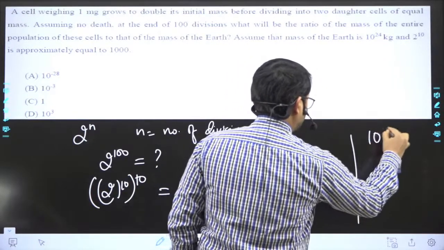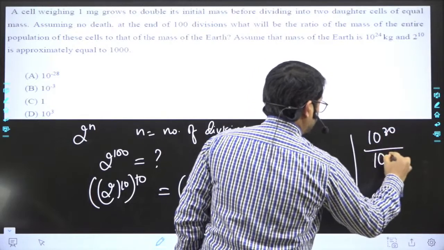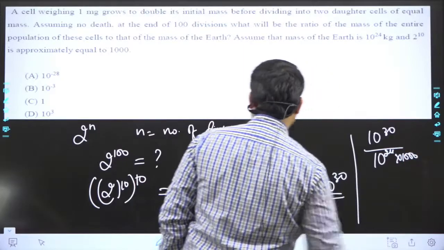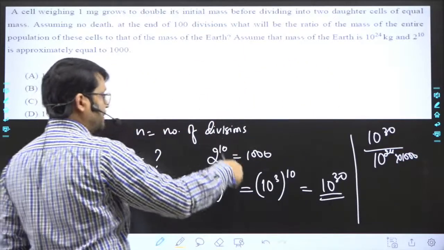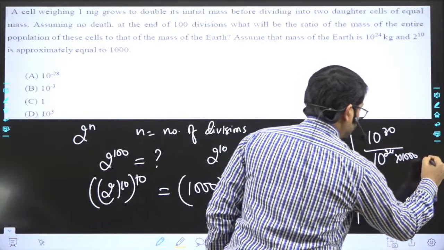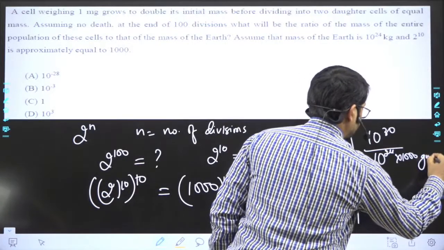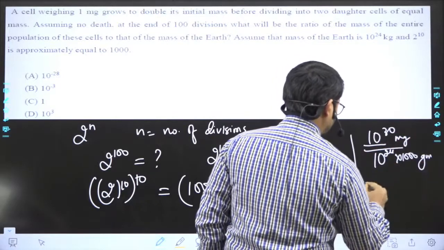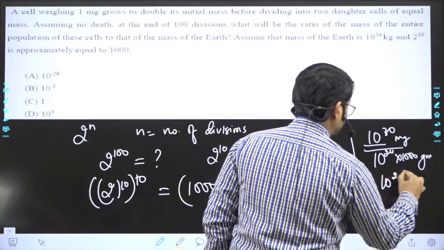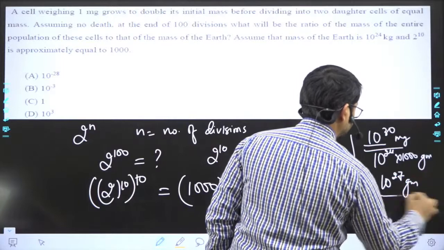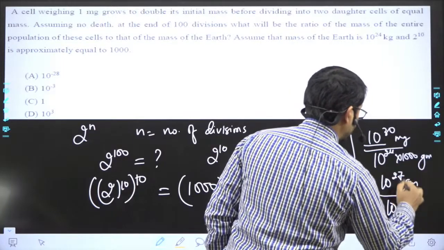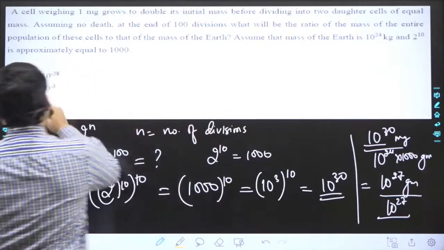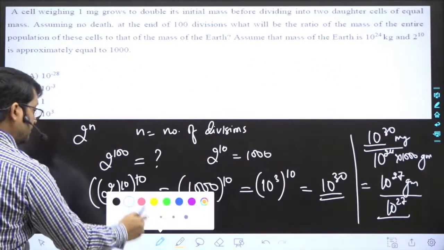So we have 10 to power 30 upon 10 to power 24 into 1000. Why? Because that has been given in kg and this is now in gram, and this is in milligram. तो ये कितना हो जाएगा? 10 to power 27 gram. So the answer will be C.